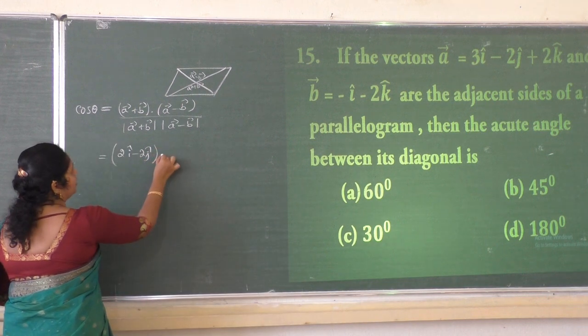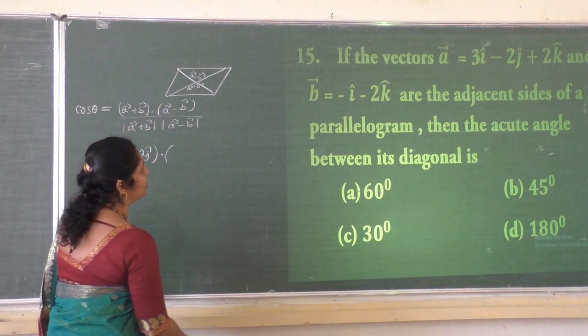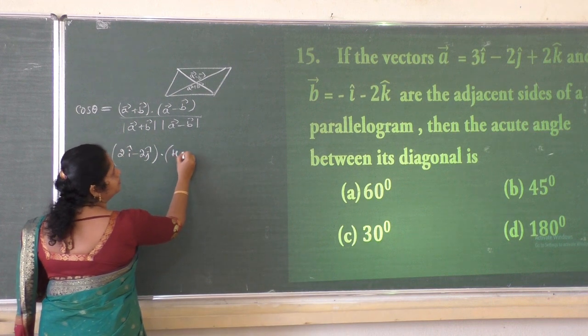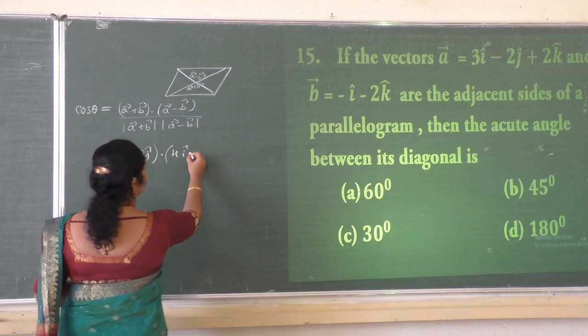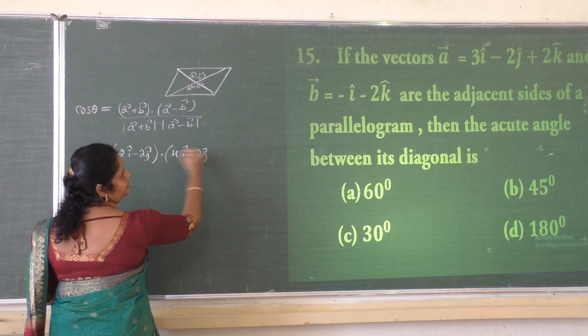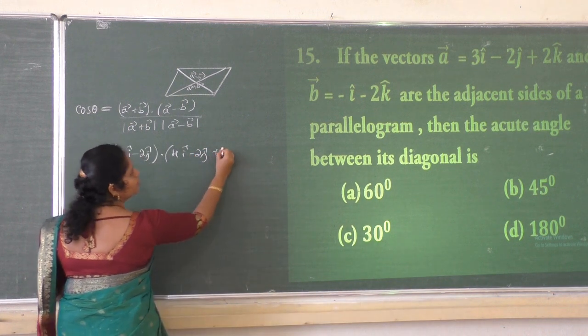Vector A minus vector B is 4i cap minus 2j cap and plus 4k cap.